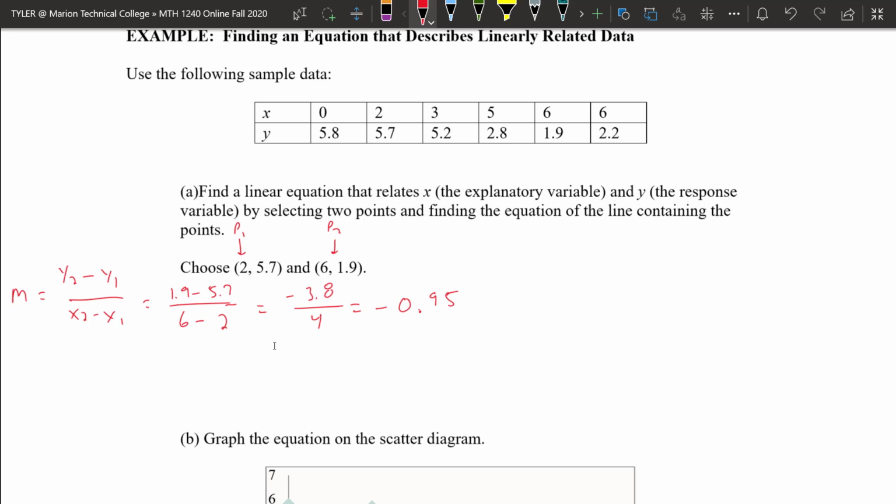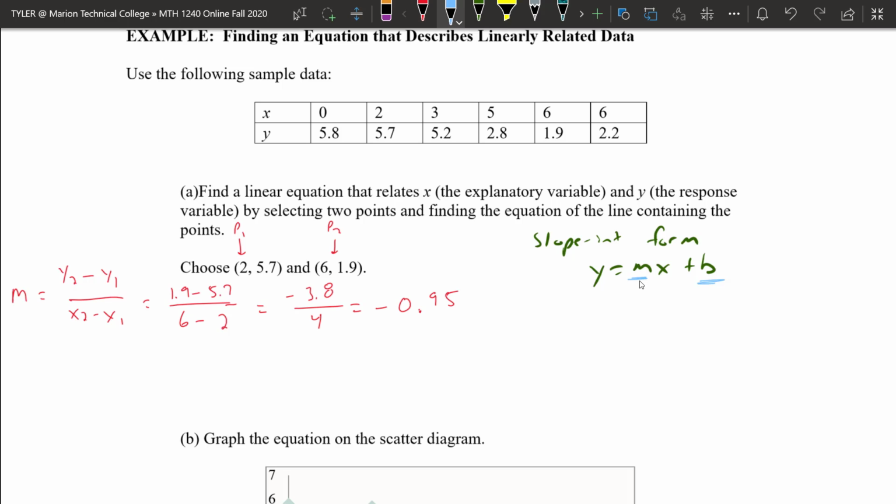Generally when we find an equation of a line with 2 points, we want to put it in slope-intercept form, where we have y equals mx plus b. The 2 numbers we need are m and b, where m is the slope and b is the y-coordinate of the y-intercept.